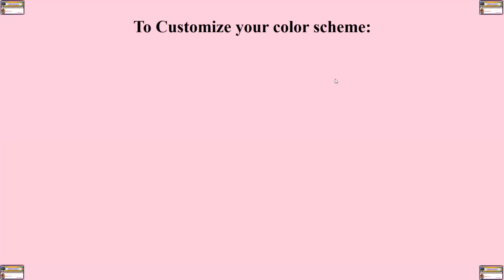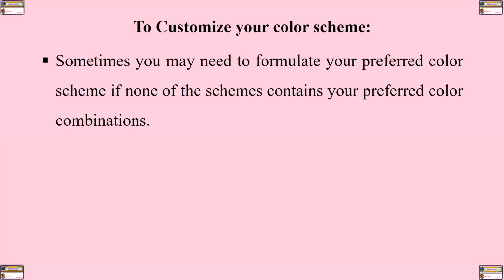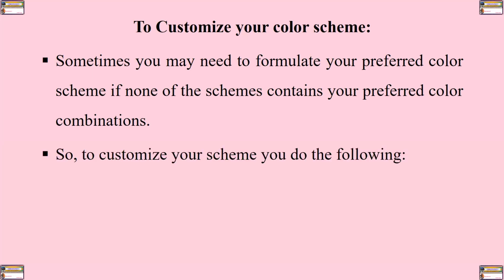You can also customize your color schemes. Sometimes you may need to formulate your preferred color scheme if none of the schemes contains your preferred color combinations. So to customize your scheme, you do the following.